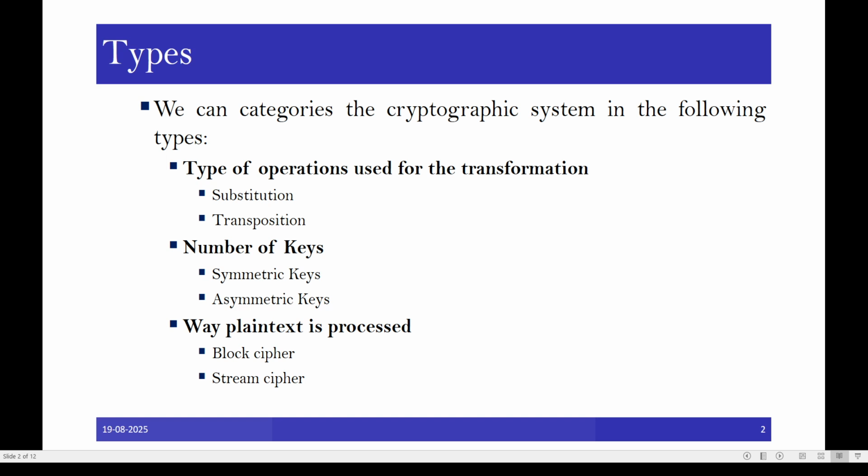The third category is the way a plain text is processed. It can be processed in the form of a block cipher, or in the form of a stream, which is a stream cipher. So these are the basic three categories of cryptographic systems. Now let's go ahead with each of these categories one by one.